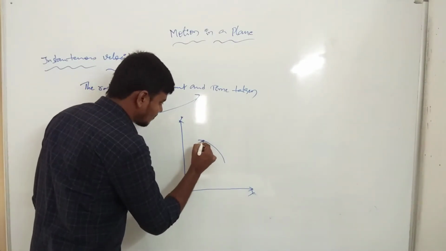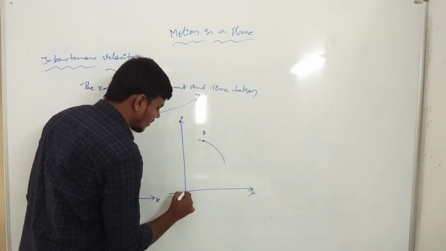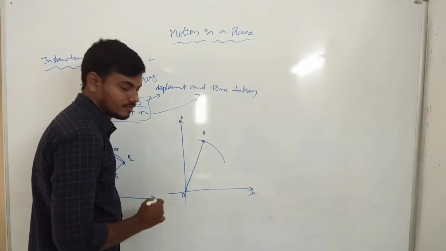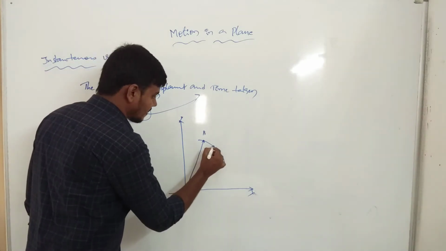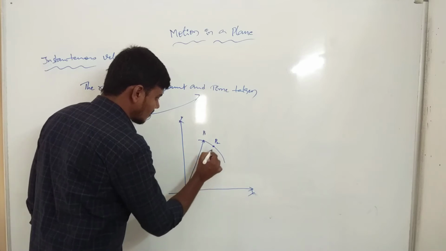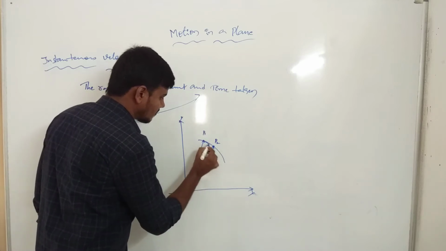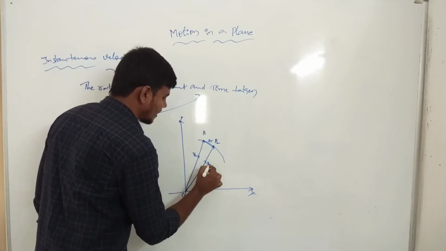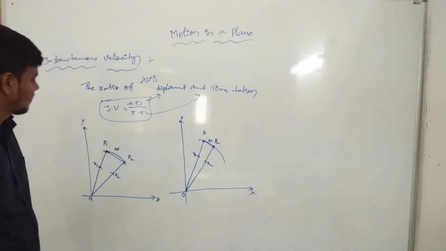This is the position P1, go to P1, and this one goes to P2. This is P2, and this one is delta R, from R1 to R.